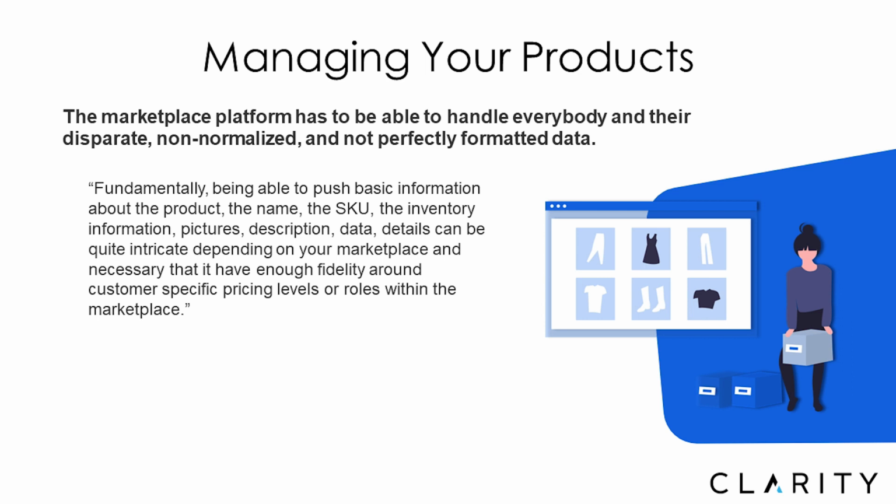But fundamentally, being able to push basic information about the product: the name, the SKU, the inventory information, pictures, description, meta details, etc. And this can be quite intricate depending on your marketplace, and it's really necessary that it have enough fidelity around maybe customer specific pricing levels or roles within the marketplace and pricing.